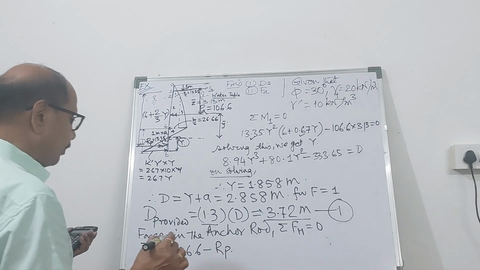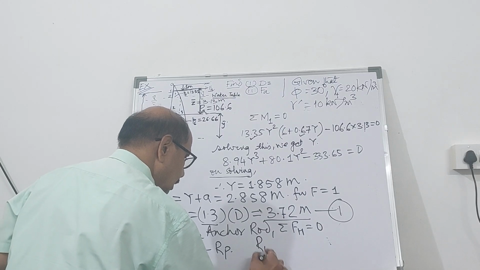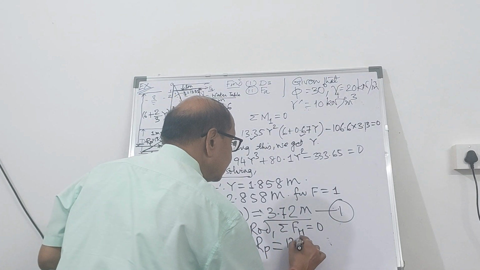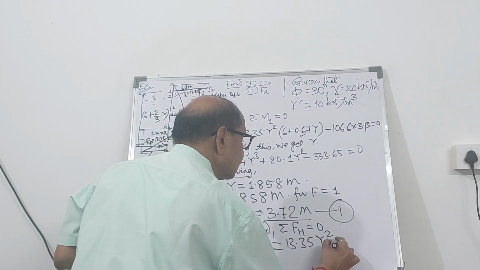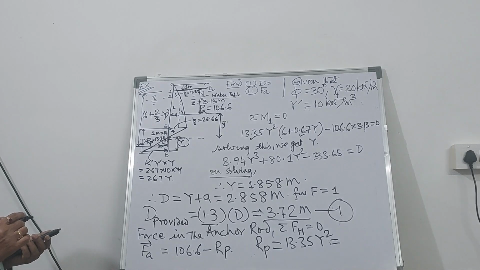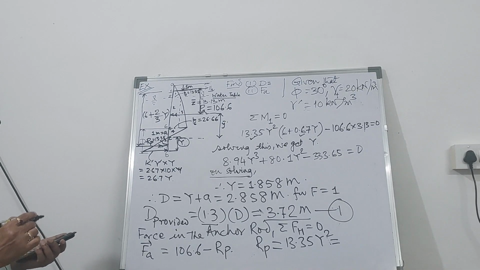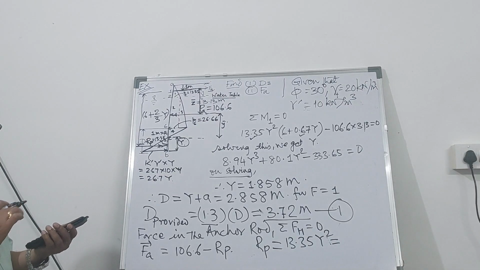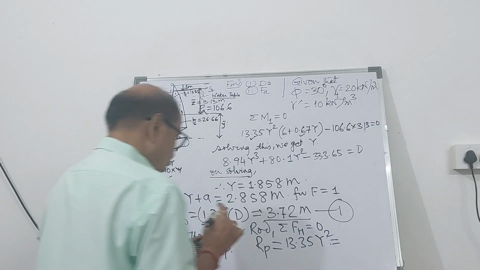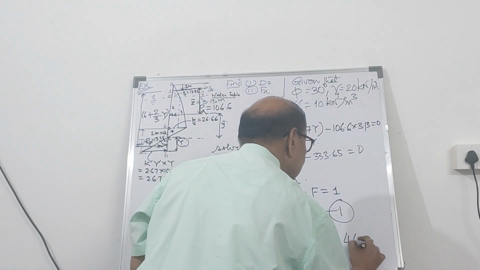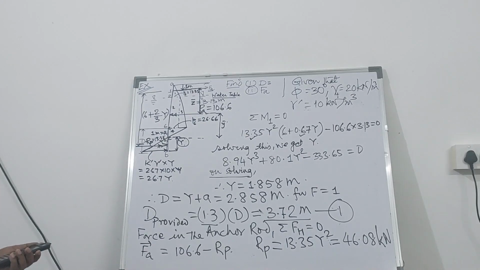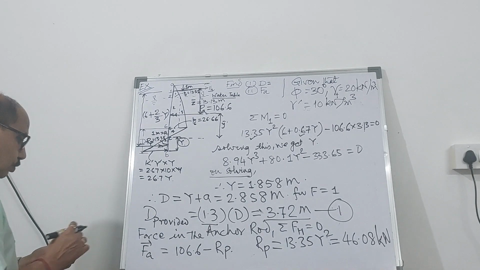Now, what is the value of Rp? You calculate Rp. Rp is given as 13.35 y square. So the value of y, you can substitute it and get the value of Rp. So this comes out to be 46 kilonewton.